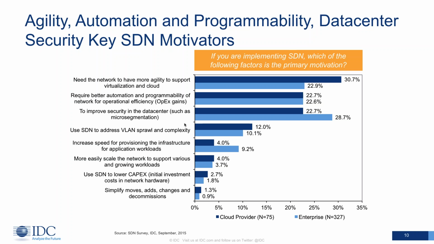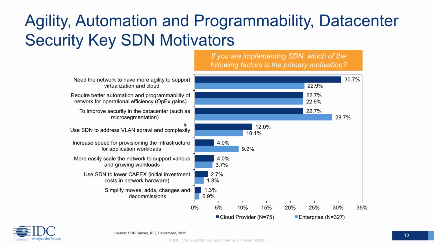The enterprise, interestingly enough, and this was obviously the respondent base that we had, looked at improving security in the data centers through mechanisms such as microsegmentation. They were almost 29%, 28.7%. And then you can see a number of factors, the one that we mentioned earlier associated with cloud providers, needing the network to have more agility for virtualization and cloud was right up there. Requiring better automation for operational network efficiency was at a similar percentage.